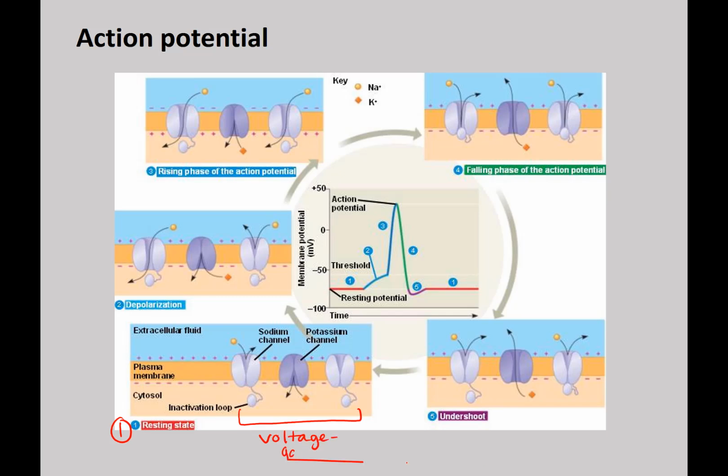So what we're adding to this picture now are our voltage gated ion channels. Okay, so these voltage gated ion channels, we have both sodium and potassium.